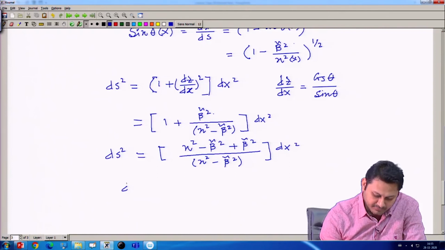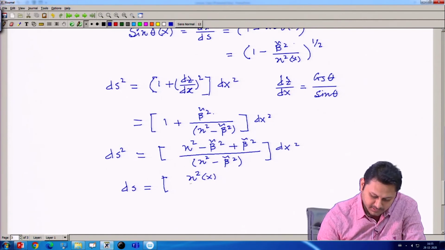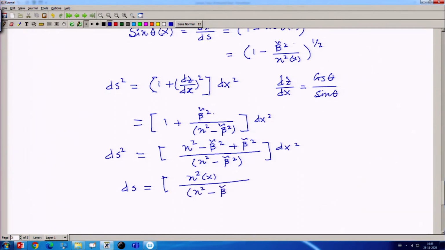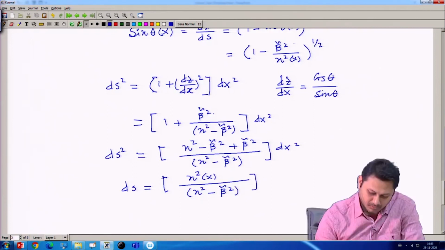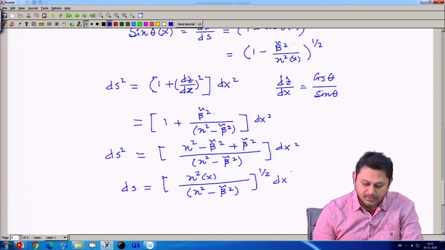So, finally, I have ds is equal to (n square of x divided by n square minus beta tilde square) whole to the power half, dx.